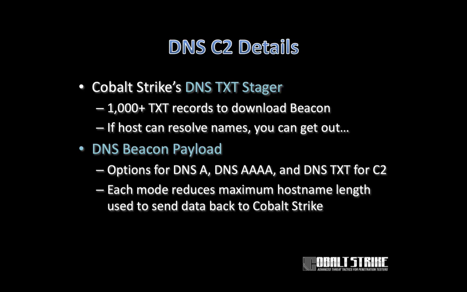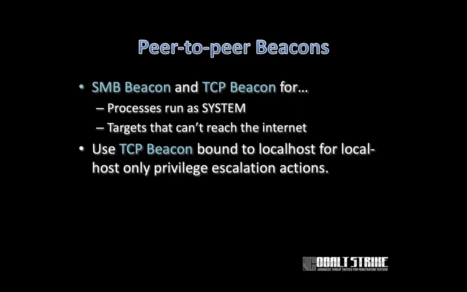So DNS TXT will use 100% of the maximum hostname length, AAAA will use 50%, and the A record channel will use about 25%. The point of this downgrading of hostname length is to allow you to recover the agent if really long hostnames can't get out of the network, if that's something that's truncated automatically.